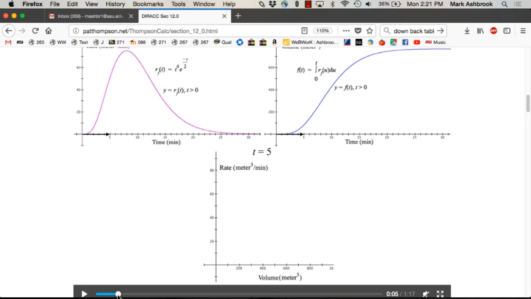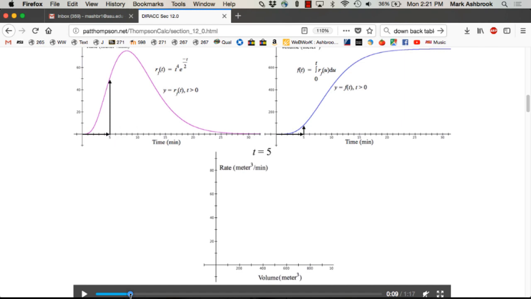So start with t equals 5. Over there on the left, I can get the y-coordinate, which is the corresponding rate of change for t equals 5. And then on the right, I can get the corresponding volume accumulated at t equals 5.